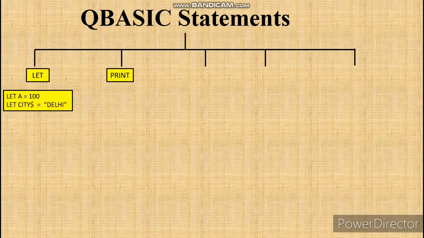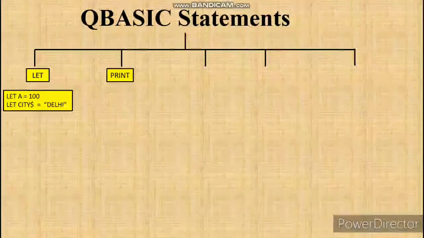If we want to display more than one message in a single PRINT statement, then you should write all the messages putting a comma between them or putting a semicolon between them, right?